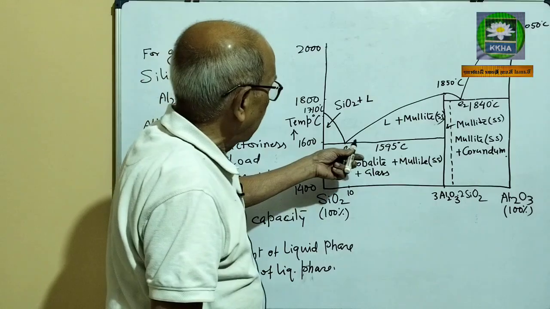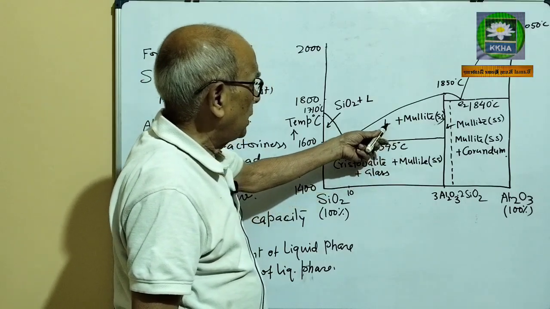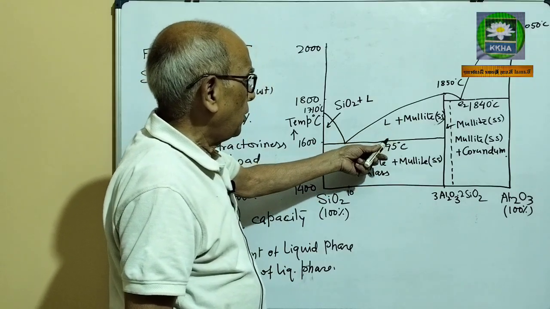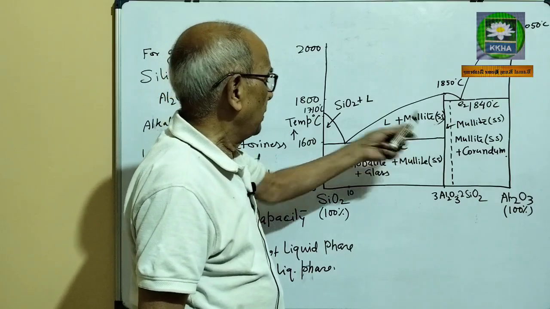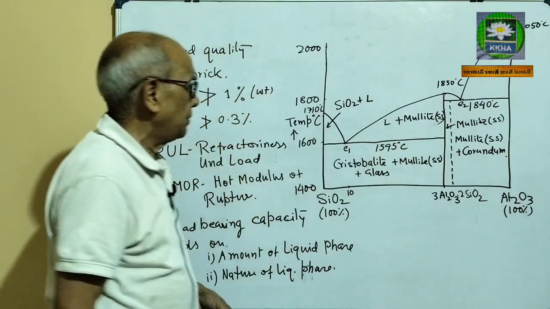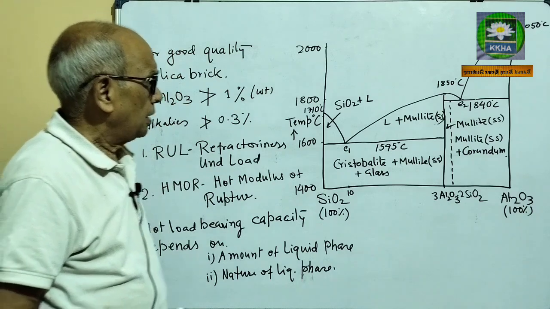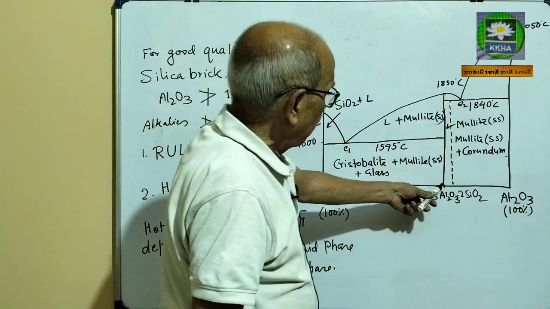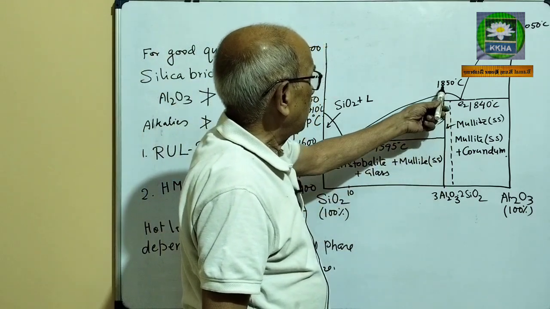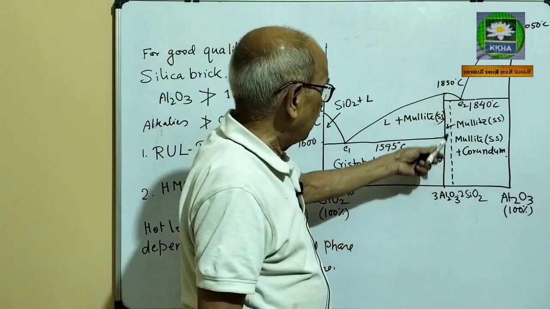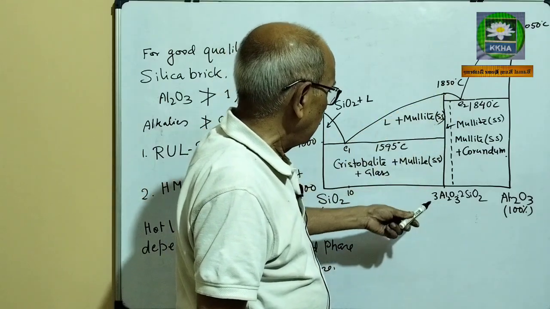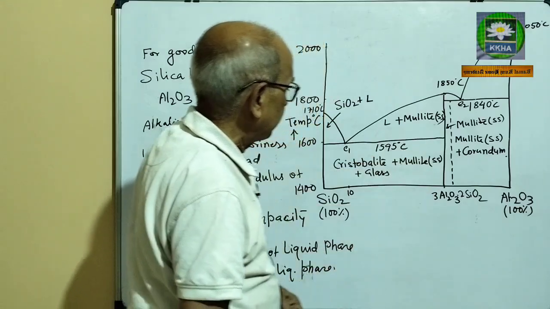So, as alumina percentage increases, liquid phase decreases, it means hot load bearing capacity will increase with increase in solid content or mullite percentage. And mullite compound melts congruently at 1850 degrees Celsius. So it is a very good refractory, having very high refractoriness and refractoriness under load.